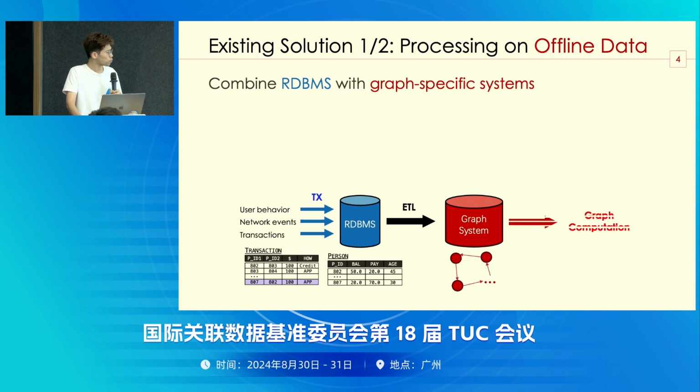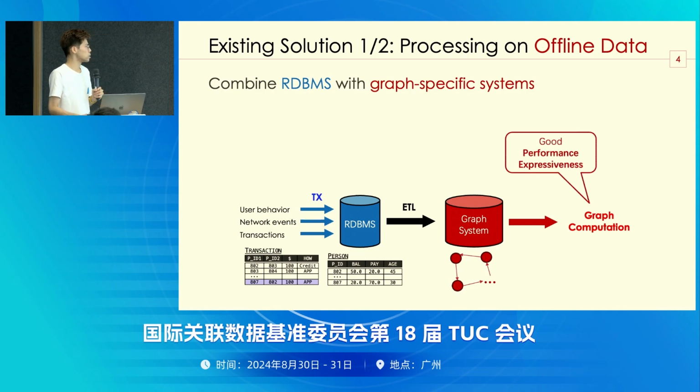Once the ETL is done, users can do graph computation, like graph queries, on the graph system. This approach can provide good performance and good expressiveness, while the freshness is very bad because of the time of the ETL.